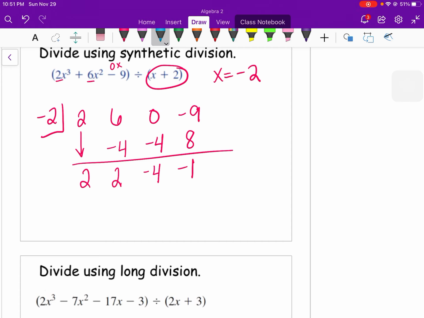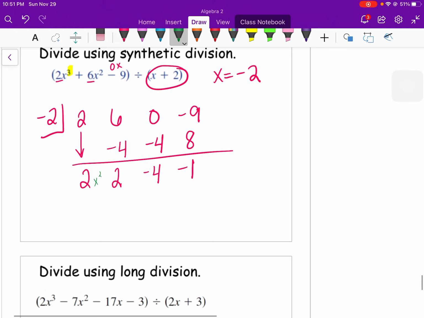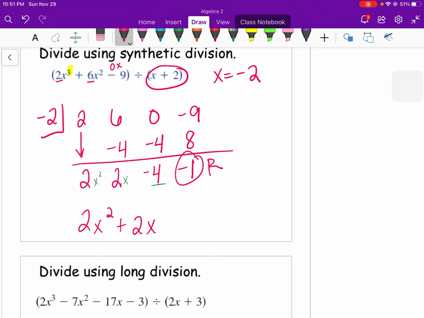It was a cubic, and we divided it by an x, though, so it goes down by 1 degree. So this was cubed, so this one will be an x squared, this will be an x, the 4 will be my constant, and the 1 is the remainder. And so it'll be 2x squared plus 2x minus 4, and then you write the remainder.